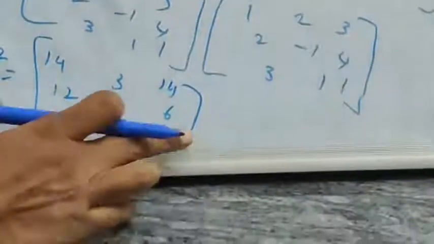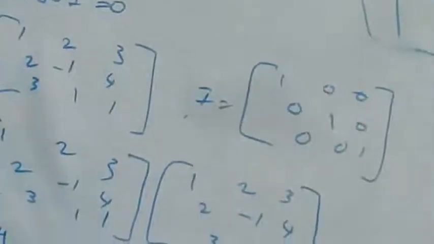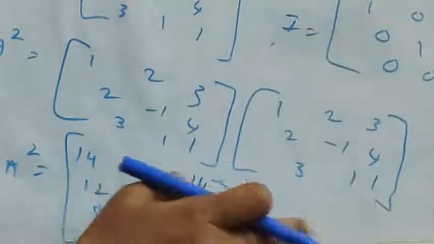So these are the elements we got for A square. Now our aim is to find A cube. So in order to find A cube, this element into again A. A means 1, 2, 3; 2, minus 1, 4; 3, 1, 1. If you multiply this element into the given matrix, then you will get the A cube term.